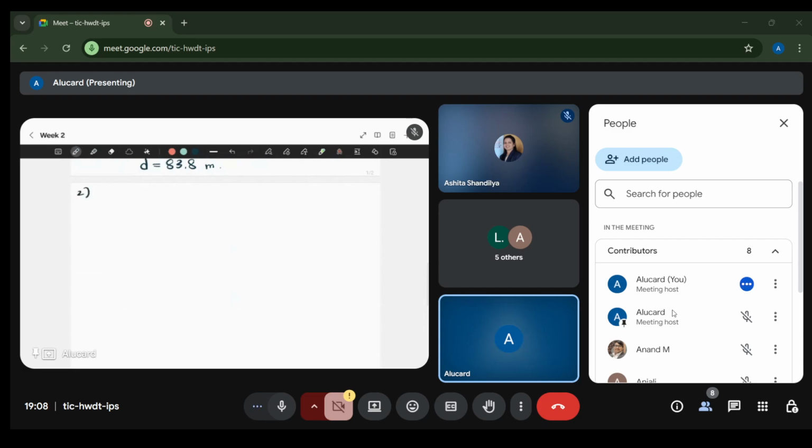Question number 2. Consider a base station whose transmitting antenna gain is 10 dBi.